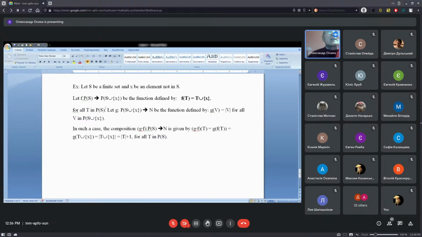T is a subset of S, and it is equal to G of F of T. F of T takes this T, union X. So it is G of T union X, equal to the number of elements in this extended subset, which is equal to the number of elements in T, of course, plus 1, for all T in the power set of S.